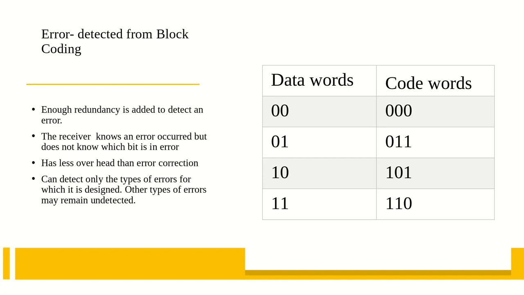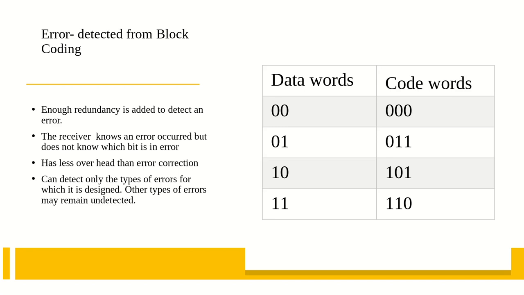You will see error detection from block coding. Enough redundancy is added to detect an error in this mechanism. Normally the receiver knows an error occurred but does not know which bit is in error.